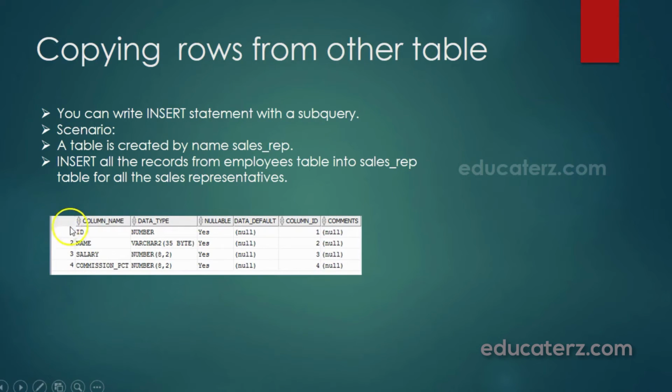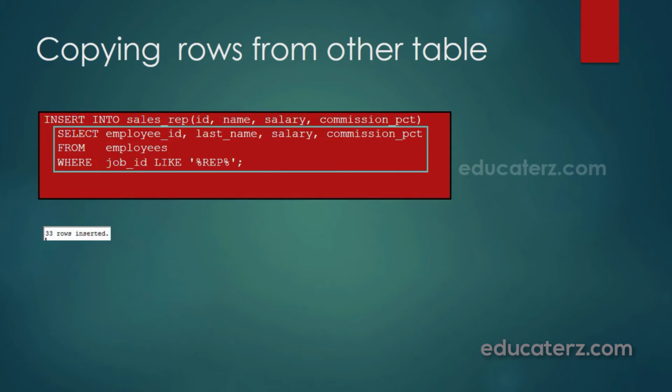This is the description of the sales_rep table. We have ID, name as a column name, salary, and commission percentage. We will pick up only four columns from the employees table and insert the data into the sales_rep table. Copying rows from another table. See here, I have written an insert statement.